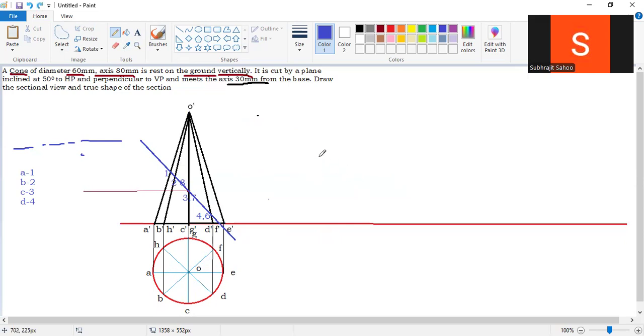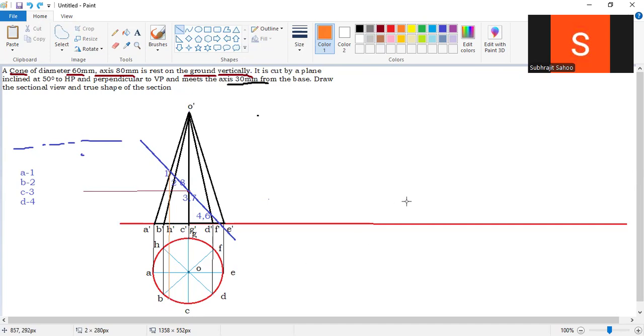Observe, sir, what I will do, how to draw this sectional view. Very simple, sir. Sir, from one line you draw the vertical lines, right?